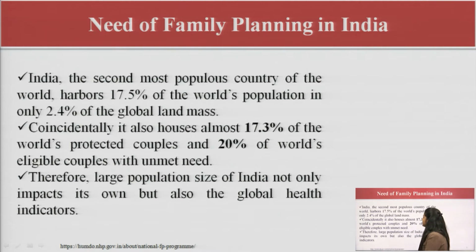Now, India is the second most populous country. Yes, this is one of the major concerns, and with the population there are some other factors which will lack, like economy, employment, food, and many other things. India is the second most populous country of the world, harboring nearly 17.5% of the world population, but it has only 2.4% of the global land mass.